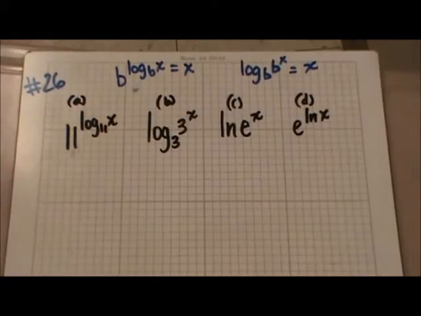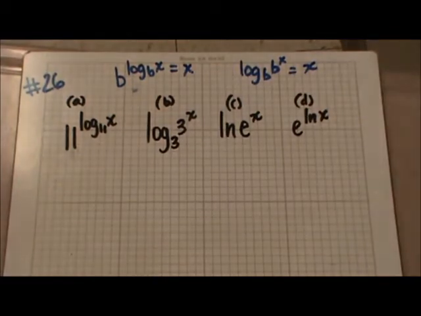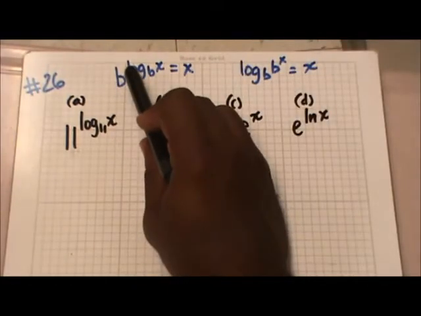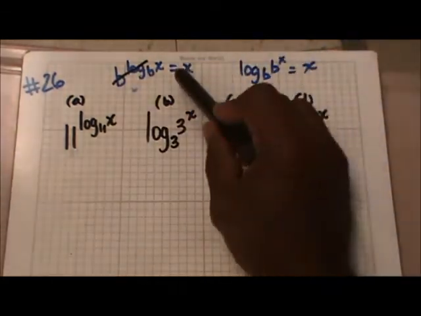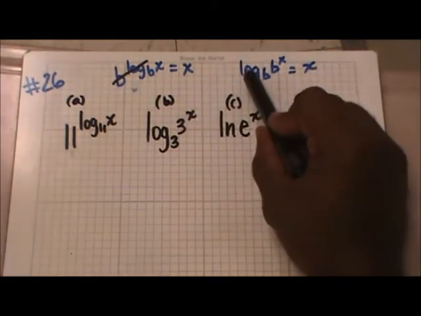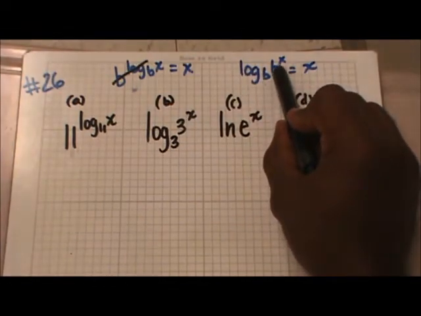All right, for problem number 26, you might remember this problem on the test review. Very simple because everyone went, all the answers are X? Why is it always X? It's a simple rule that helps us to start to solve some of these problems. If we have b raised to a log base b of x, this cancels, and it's equal to x. They're inverses of each other. Same way, the opposite of that would be log base b of b to the x.